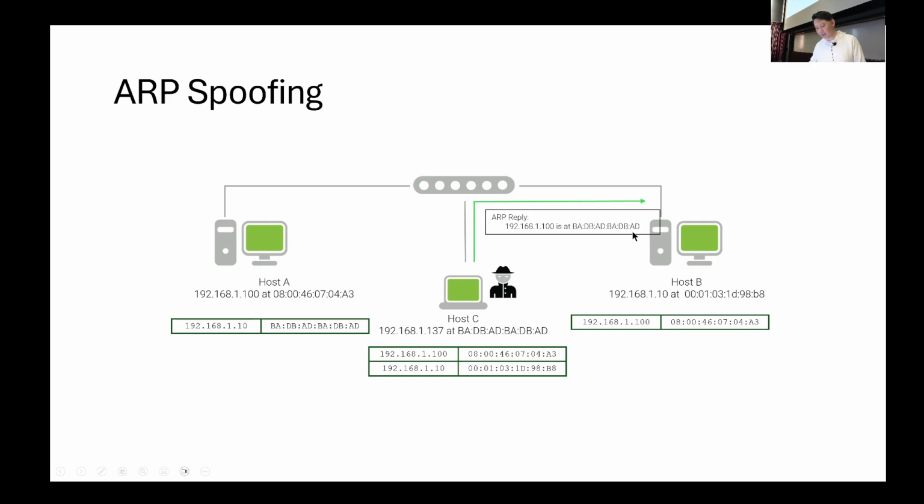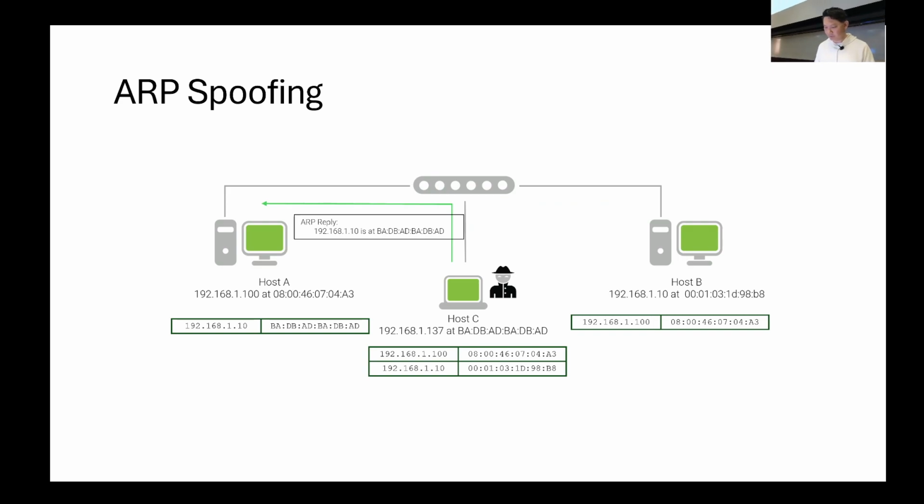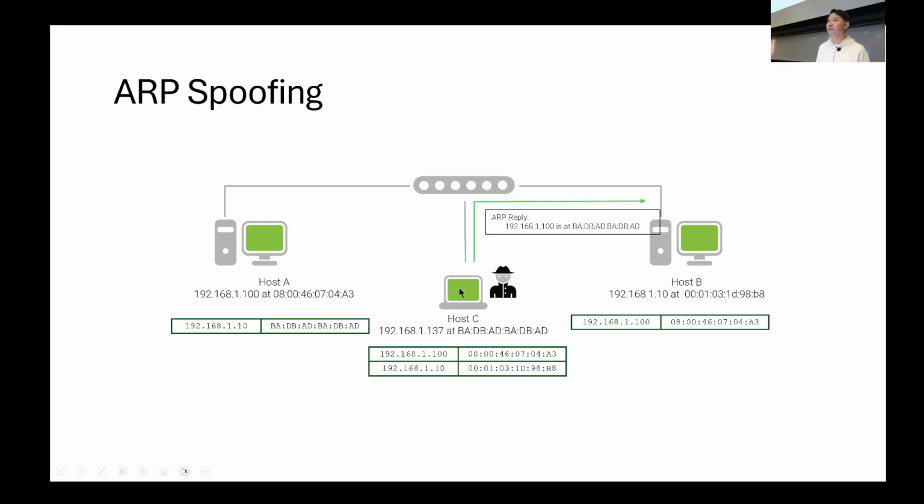Actually, this AD is Charlie, right? And in the first packet, the AD is also Charlie. So it makes them believe that the IP belongs to me, to host A and host B. So this is the outline of ARP spoofing.